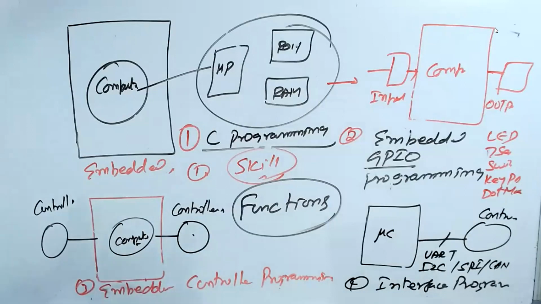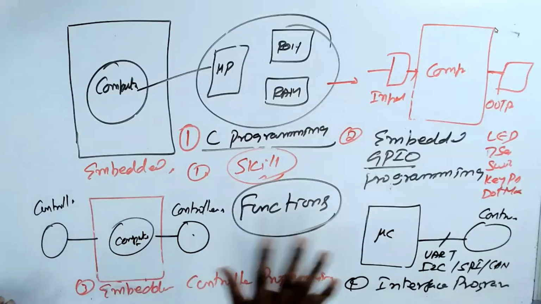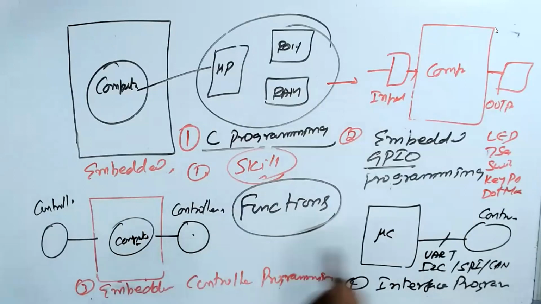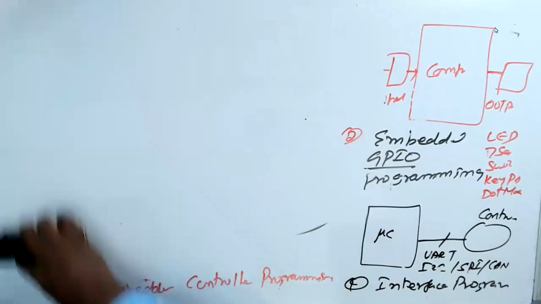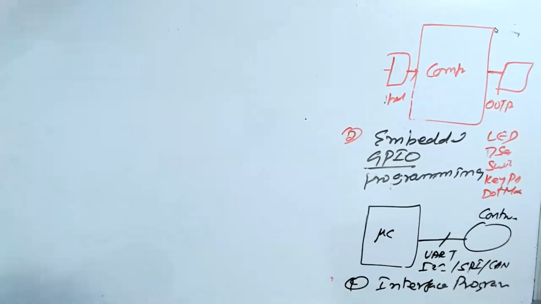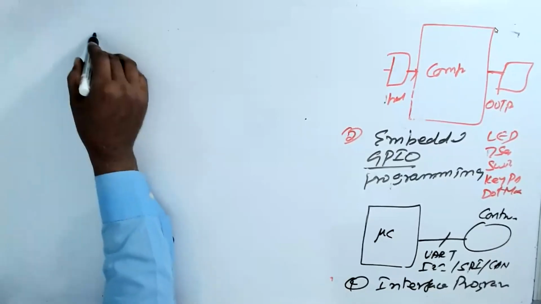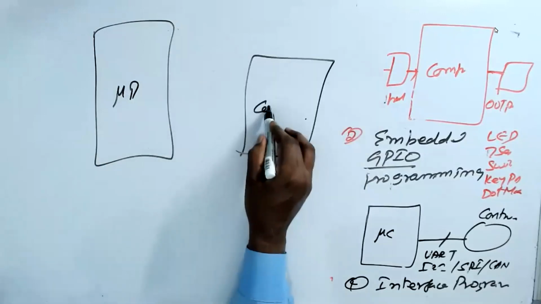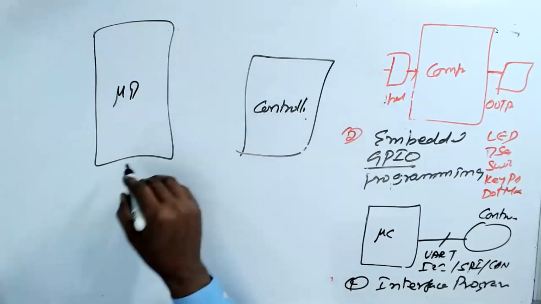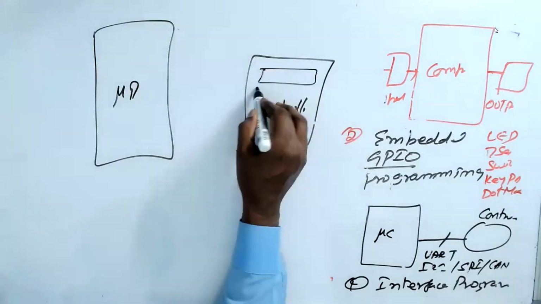So this is all about understanding the controller. This is different once UART, I2C, SPI and CAN are used. Please understand the difference. In the first case, you have a microprocessor and a controller. The controller has a register, and it has an address.